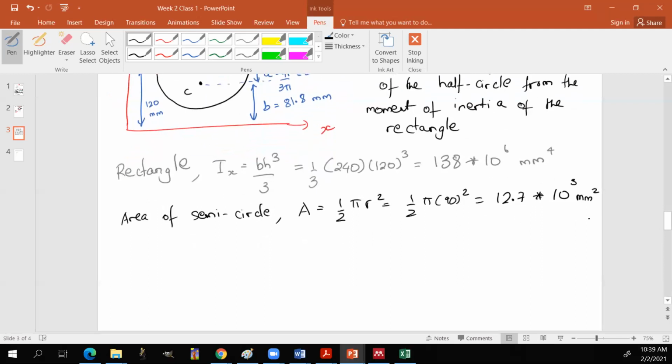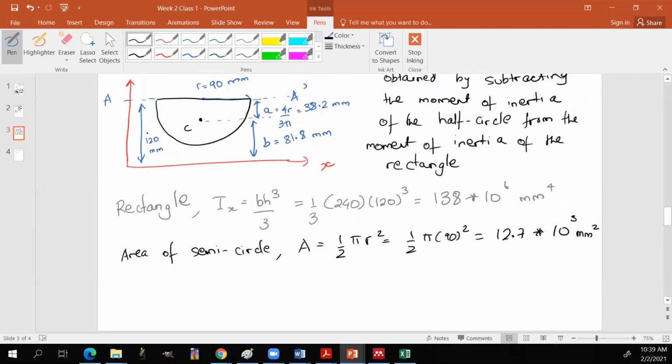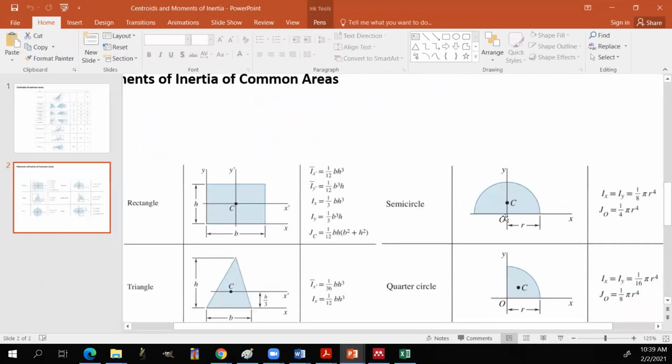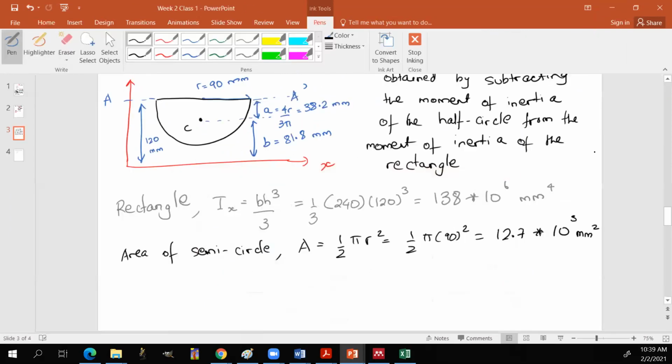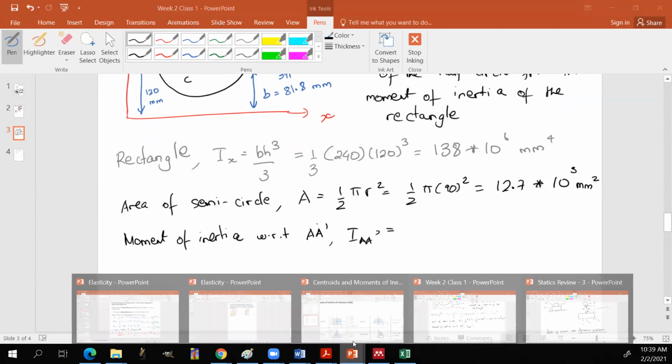All right. Then let's find, we know the moment of inertia about AA prime from our cheat sheet over here, right? So about this x-axis, we know that it's that. So let's say IAA prime is just equal to, what did it say?